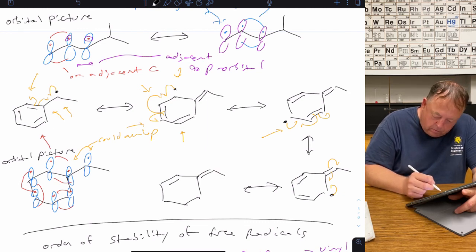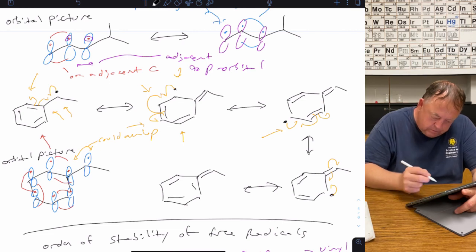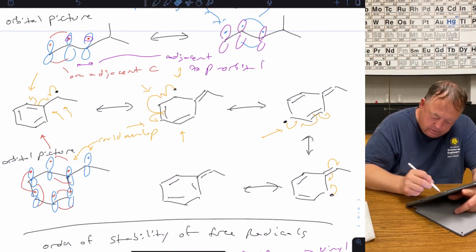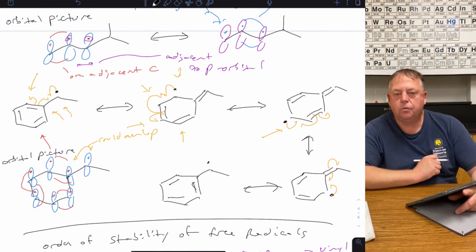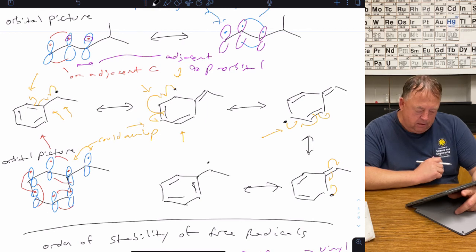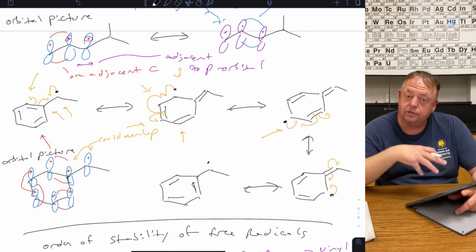Okay, so now our double bonds, oops, sorry, this double bond is not there. Now the radical's back to where it started at. This is another resonance structure, so there's 5 resonance structures.